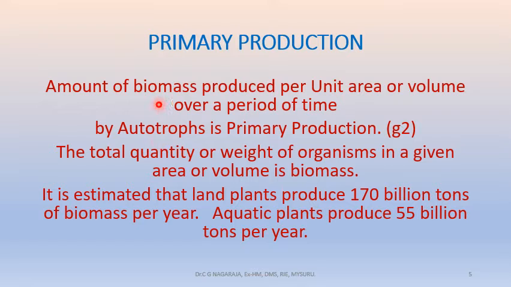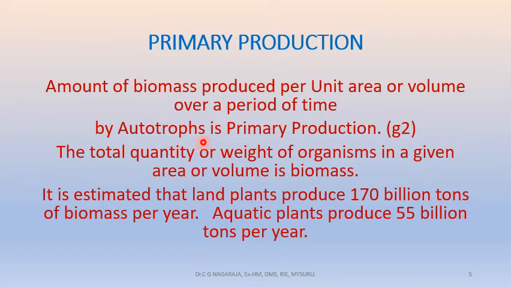When biomass is accumulated, you have seen that when a plant starts growing, it becomes larger and larger and adds a large number of materials to that, like the trunk becomes very big, the plants grow tall, they produce fruits, seeds and flowers. In all these things, especially in the leaves, fruits and roots, they will be storing some food material that is called the biomass. That is possible only by the autotrophs.